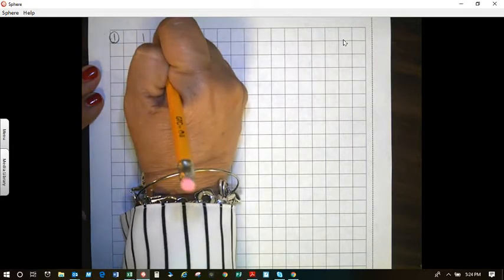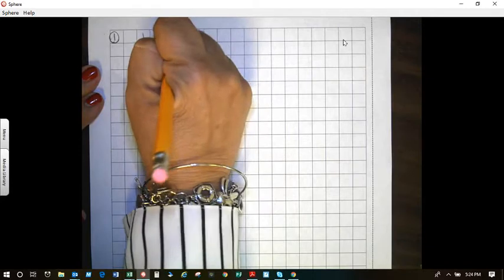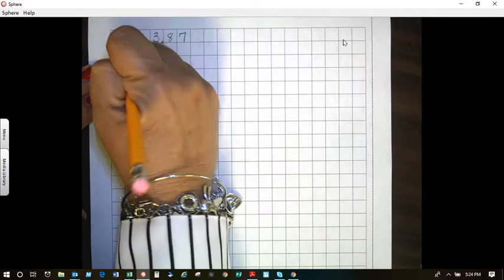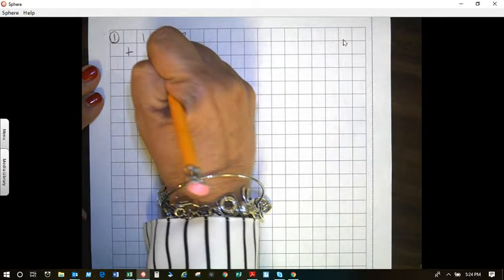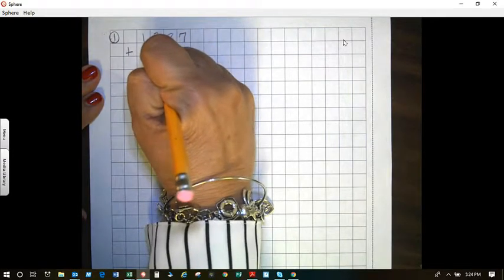So for the first question on number 1, I have 13 and 87/100ths, plus, and now you have to line up your decimals when you're adding or subtracting. So I'm going to place my decimal there first, and then I'm going to add.